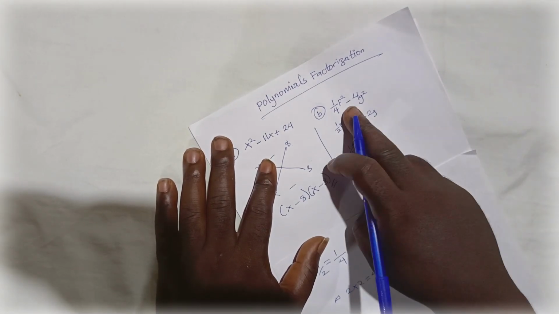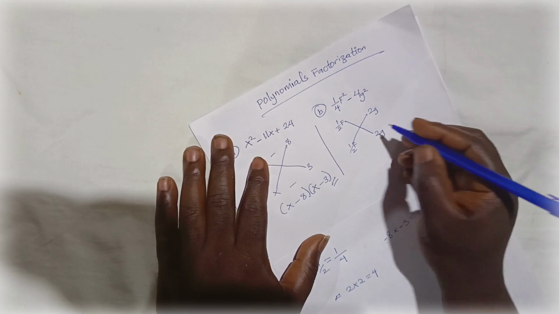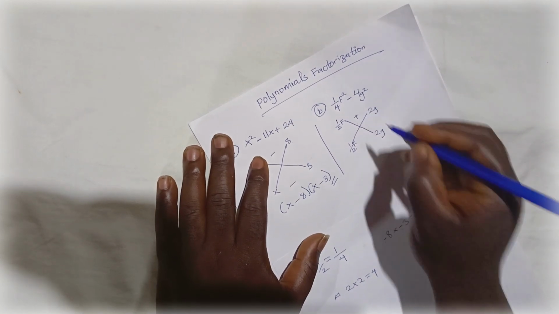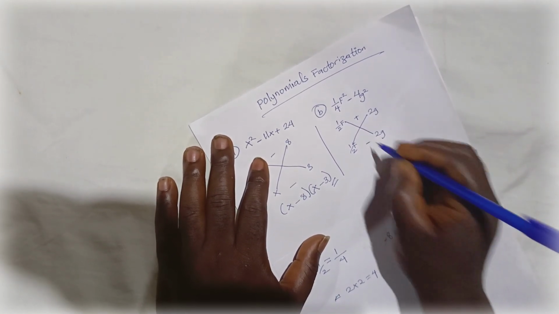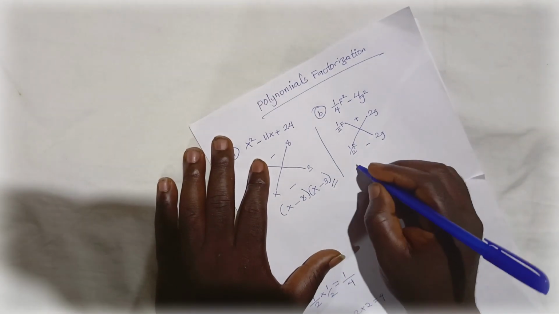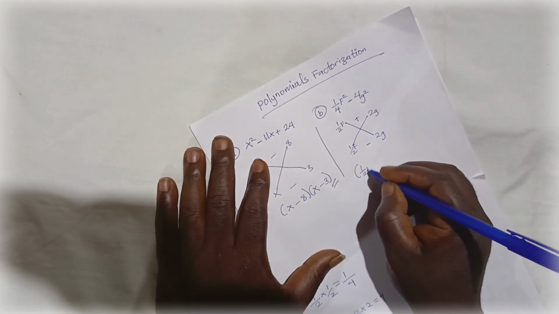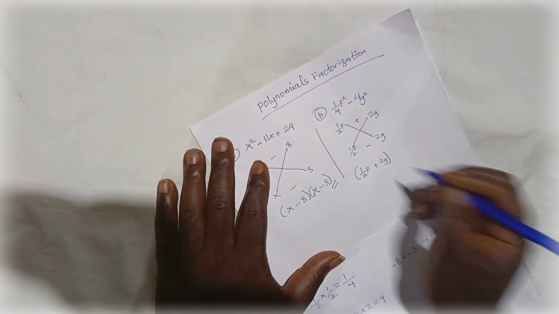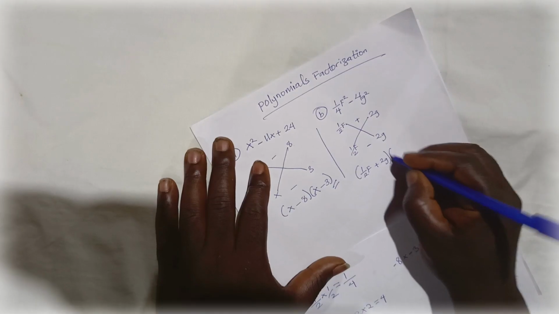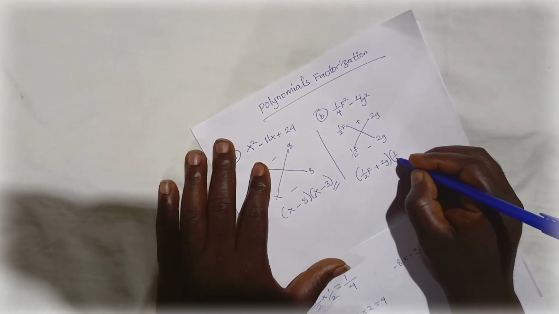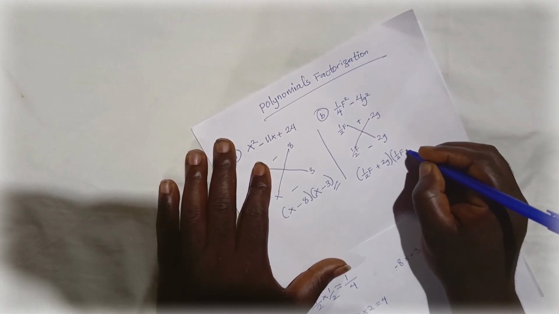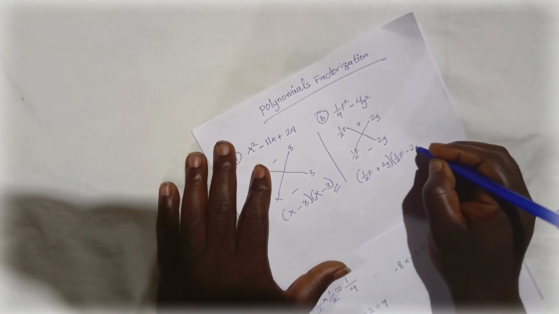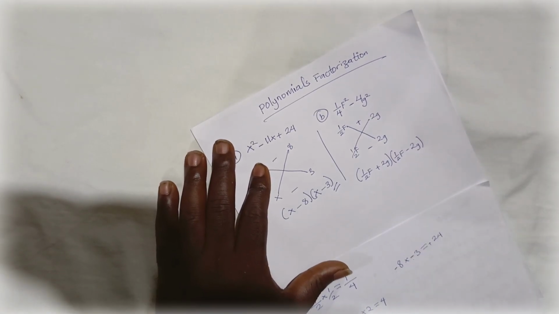Since we don't have a middle term, we're going to use plus or minus. Therefore, we're going to have 1 over 2f plus 2g in parentheses, and another one, 1 over 2f minus 2g.